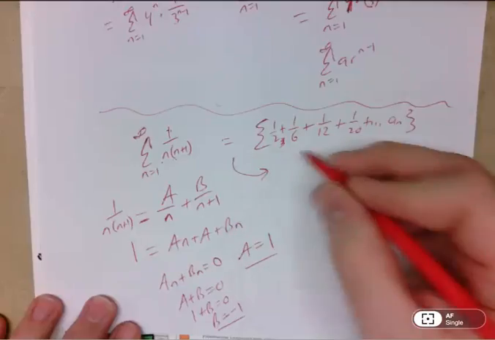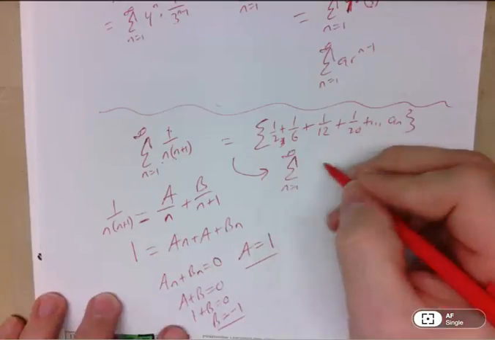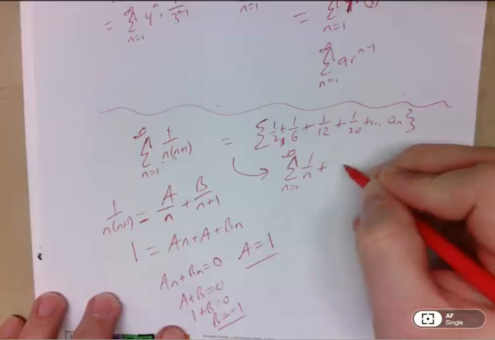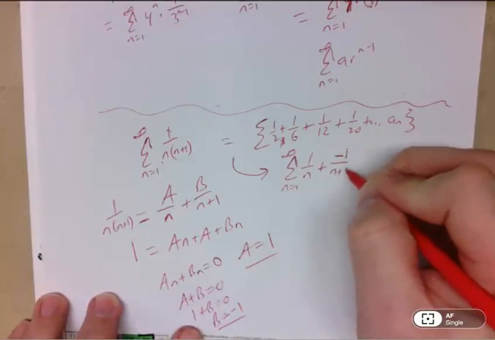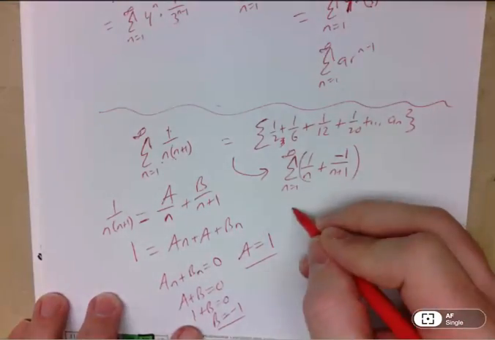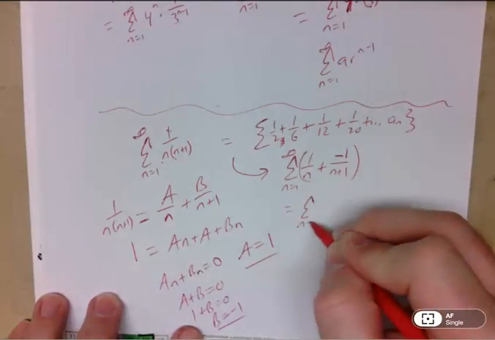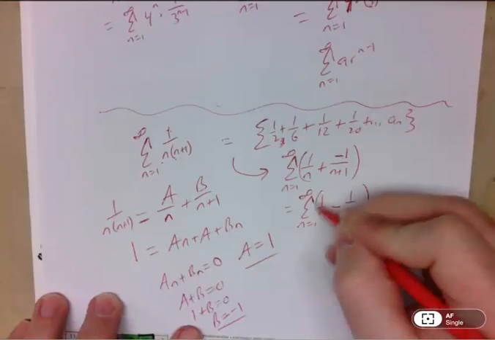I'll rewrite it down here. a was 1, so 1 over n plus -1 over n plus 1, but what I meant to write, I just meant to subtract. So this becomes 1 over n minus 1 over n plus 1. That's what I wanted to write.